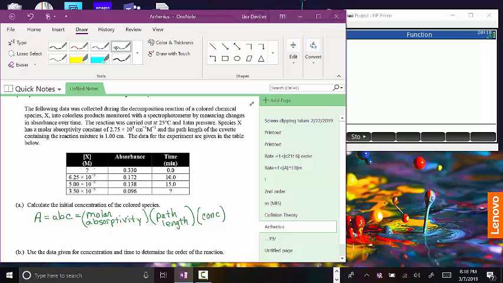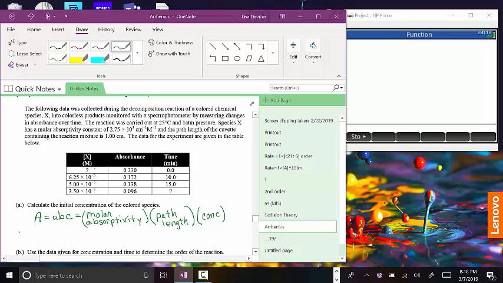This is on your formula sheet, and it lists it very generically. It's like capital A equals abc. It has on the side that tells you that the little a is molar absorptivity, b is the path length, so that's the width of the cuvette. Then c is concentration, and capital A is our absorbance.